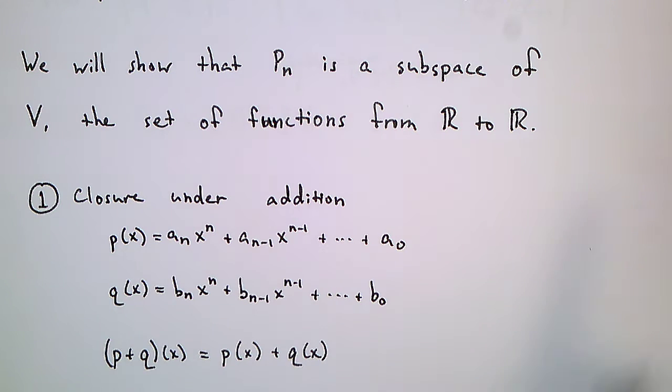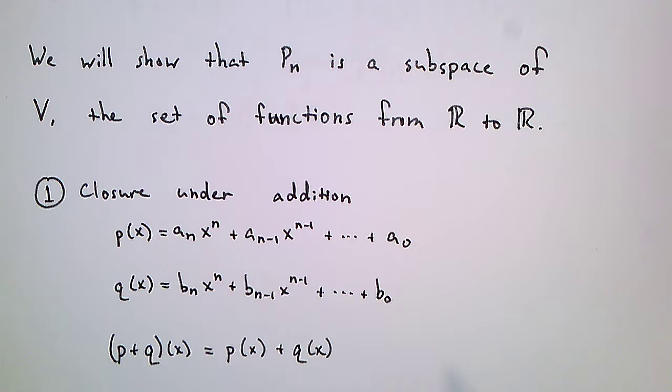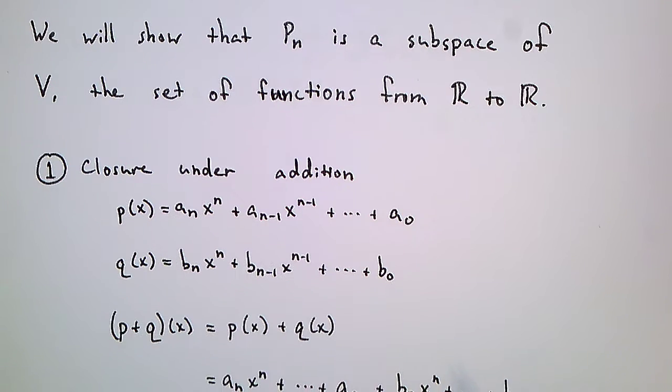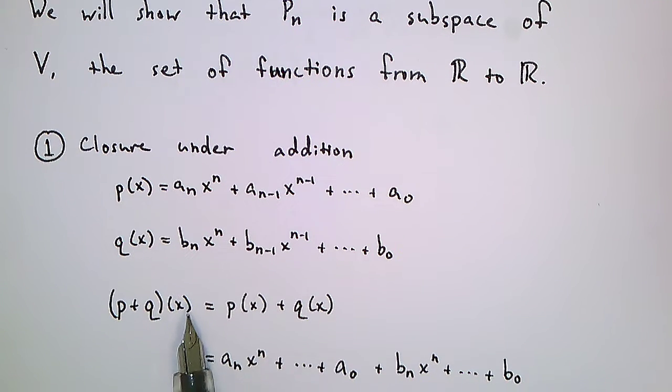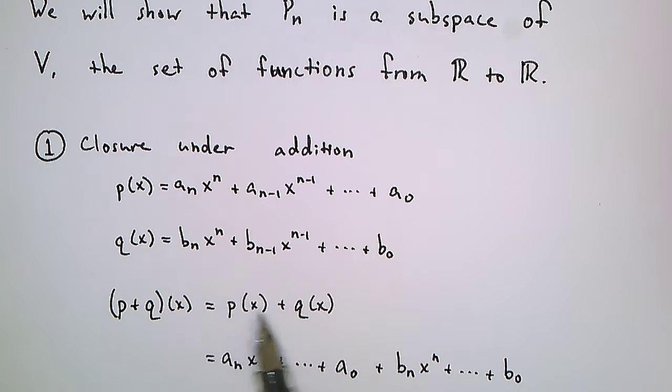Okay, so now let's add these two functions together. Let's look at p plus q. So going back to the definition of adding functions, what this means is that when I plug in a number, that number just gets plugged into both functions separately, and we add that together.